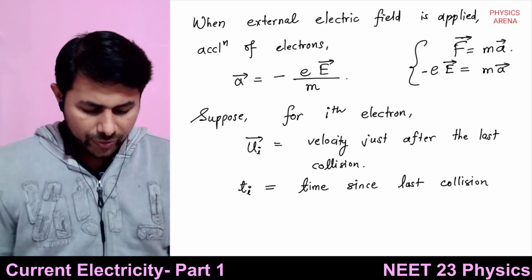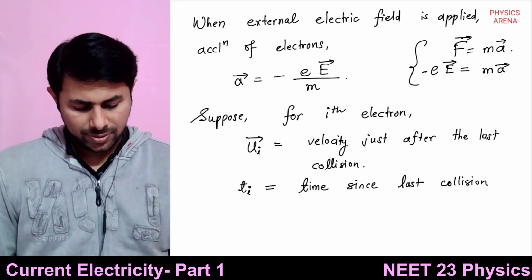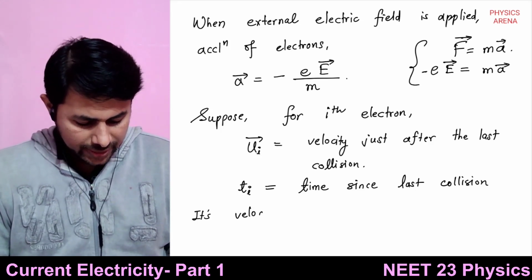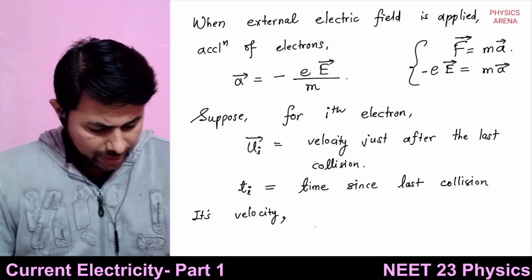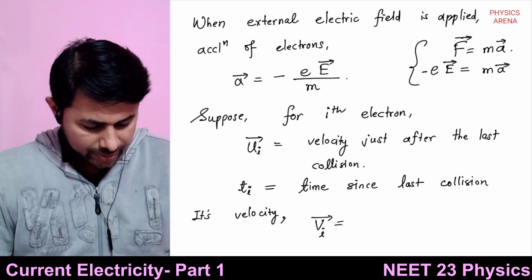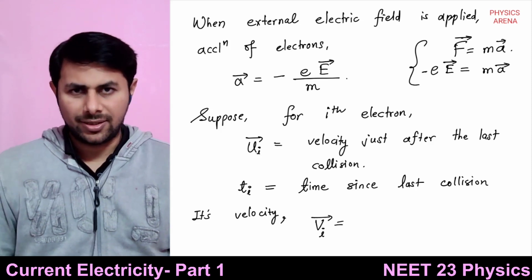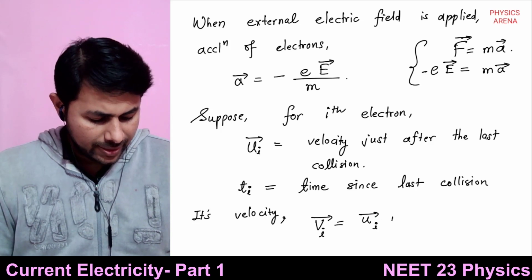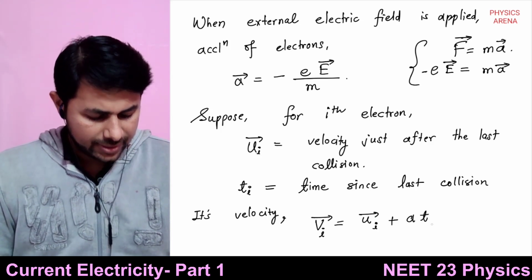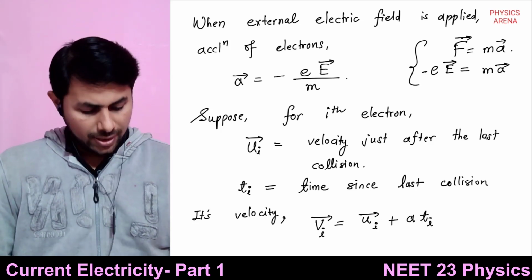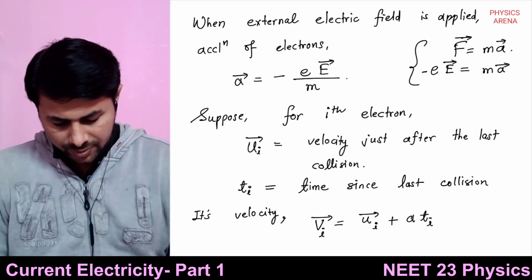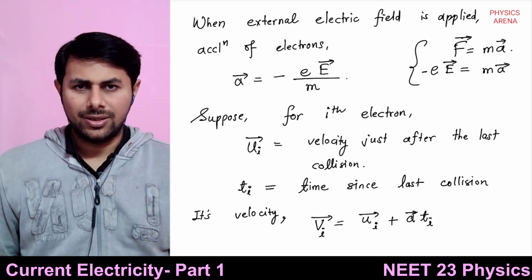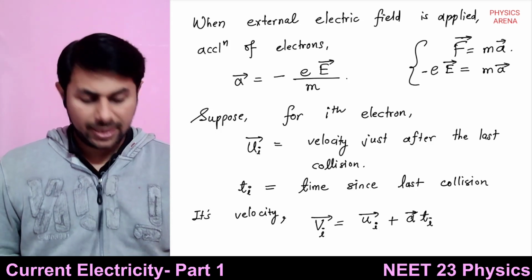So what will be its velocity now? Its velocity can be written as Vi bar. So v is equal to u plus at, right? ui bar plus a multiplied by this time ti. But what is a? Sorry, it's a bar. It is the same for all electrons. Acceleration of all electrons will be the same.